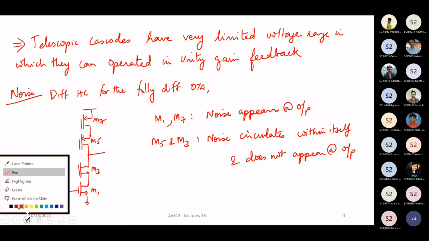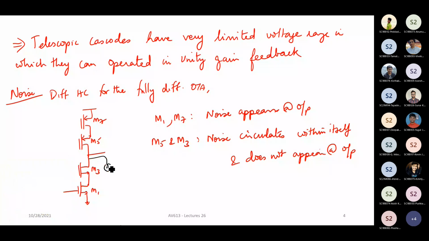Why is that the case? Let me just refresh your memory. You have this noise current source. This noise current, when it sees up here, it sees 1 over Gm; when it sees down, it sees R naught. So therefore, it will obviously go into the transistor again. Same thing for this transistor: the noise coming here will see 1 over Gm here and R naught here, and therefore it will basically circulate within itself.